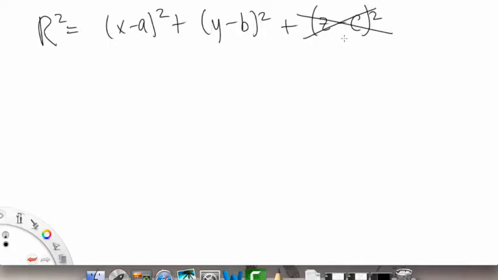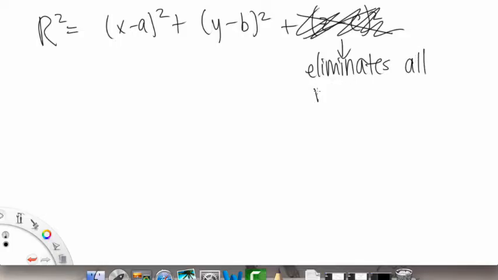Okay, so if we cross that out and it disappears into thin air, what this means is that this eliminates all restrictions on z, all restrictions on the z component.